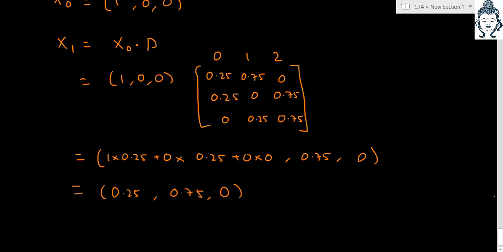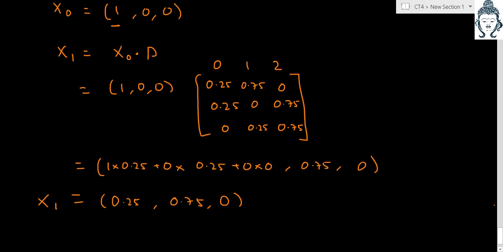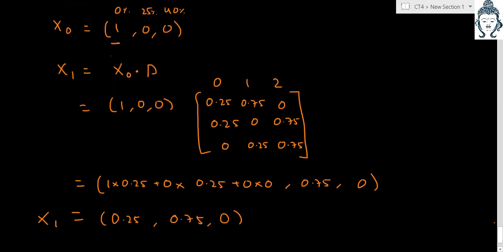So basically what this is saying is that if I was in state 0, that is at 0% discount at time 0, my probabilities for time 1 would be: I'll be in the 0th state, that is at 0% level of discount with a probability of 25%, and at the 25% discount with a probability of 75%, right?